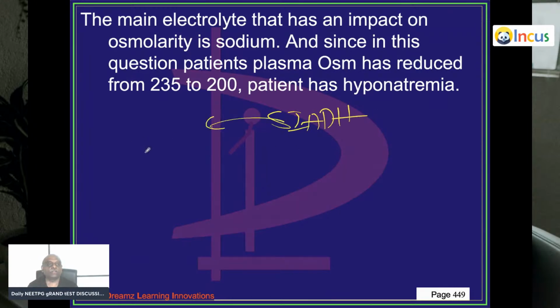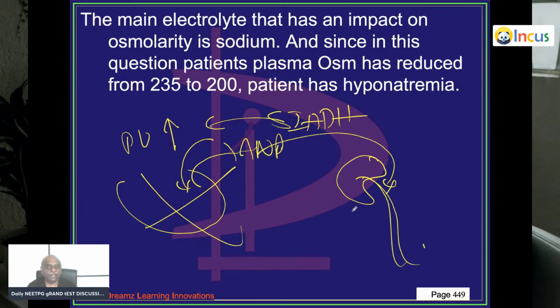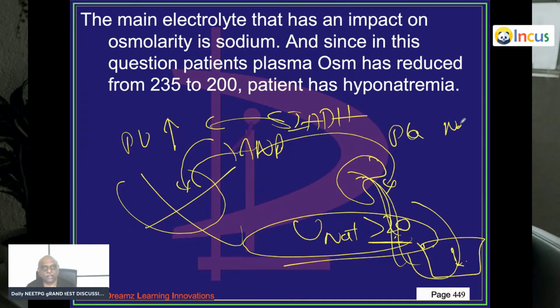Whenever ADH is causing water retention, what happens to plasma volume? Increase. That will cause stretching of the atria. Stretched atria release atrial natriuretic peptide. That goes to the kidney and makes sodium lost into urine. That is why urine sodium is more than 20 for you to define it as SIADH, and plasma sodium is low. Along with urine osmolality high and plasma osmolality low, that is the combination.